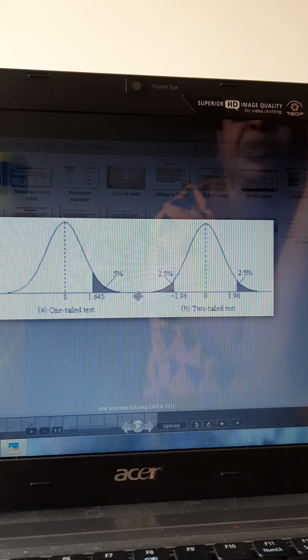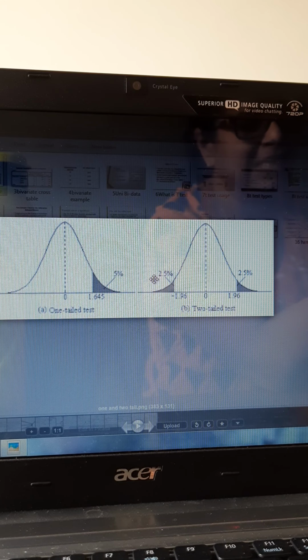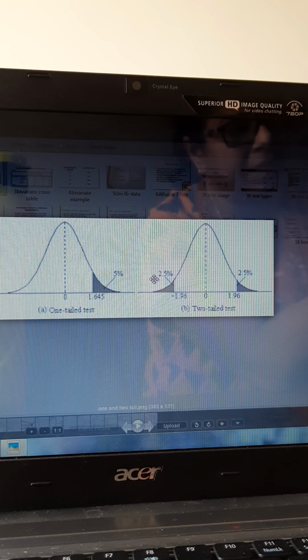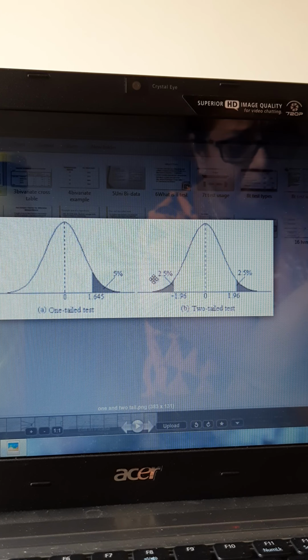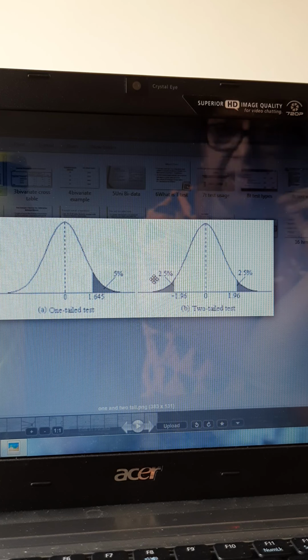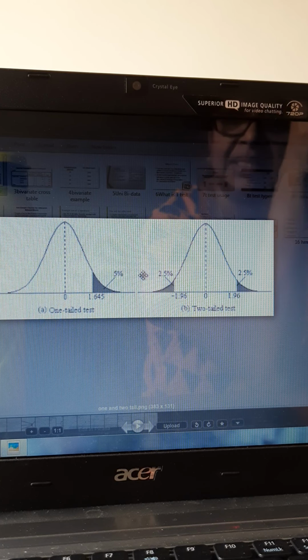For example, you can have things saying that the administration of this medicine decreases the level of temperature. So it is a one-tailed. Why?